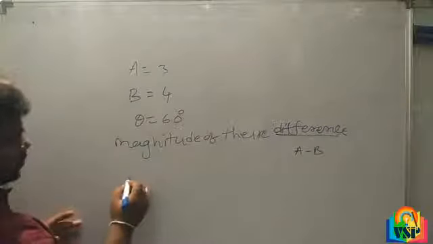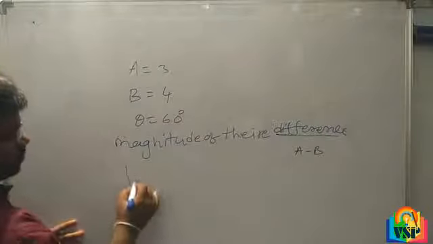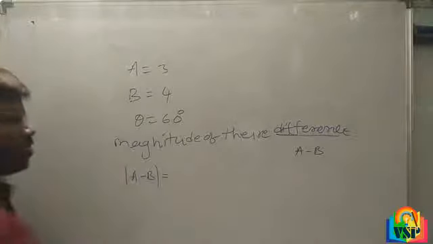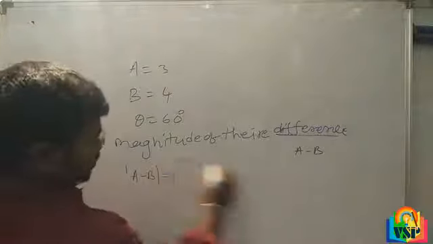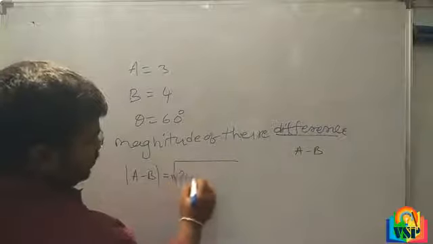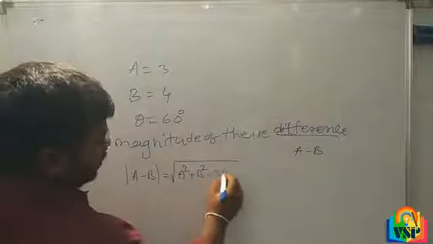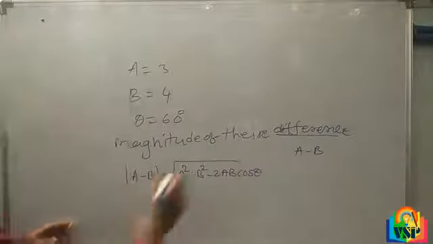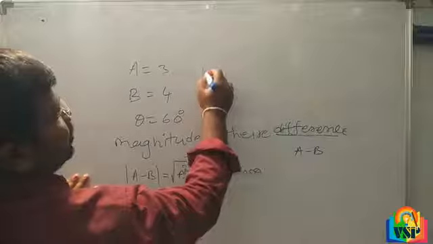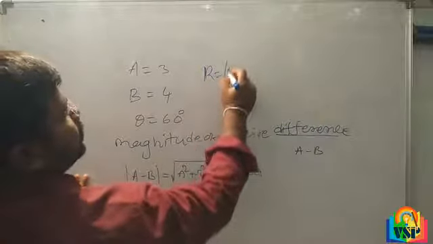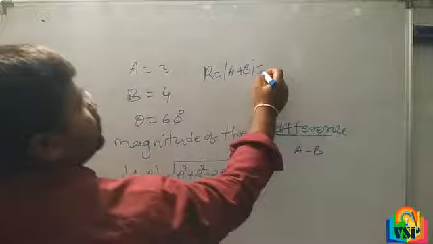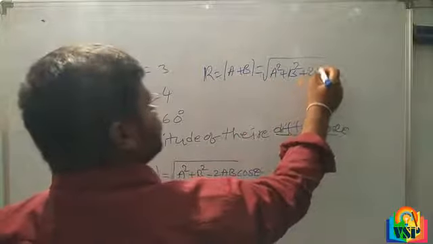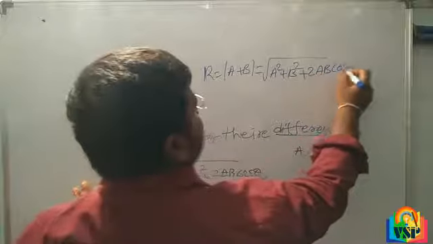Magnitude, it is represented as mod of A minus B, which is equal to, according to the parallelogram law, root of A square plus B square minus 2AB cos theta. Already we have discussed R is equal to A bar plus B bar is equal to root of A square plus B square plus 2AB cos theta.